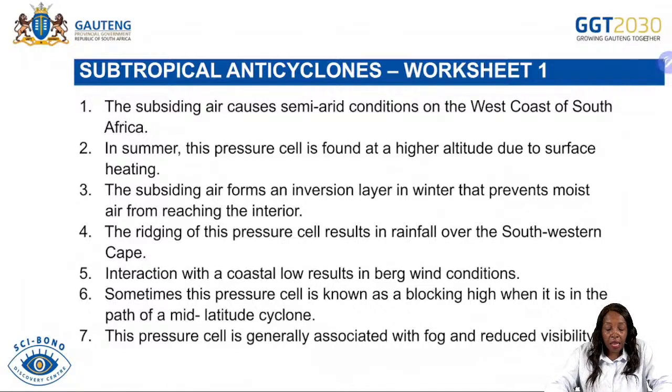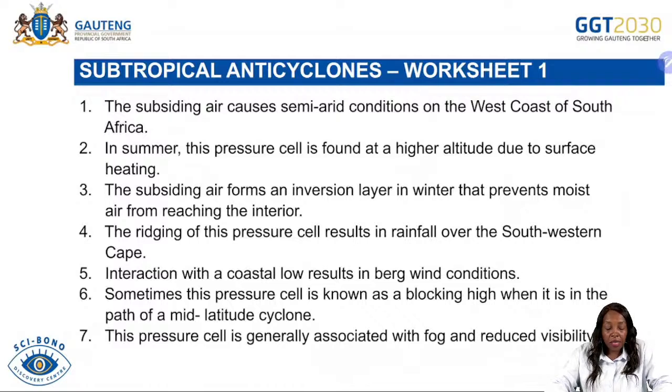The subsiding air causes semi-arid conditions on the west coast of South Africa. Number 2, in summer, this pressure cell is found at a higher altitude due to surface heating.